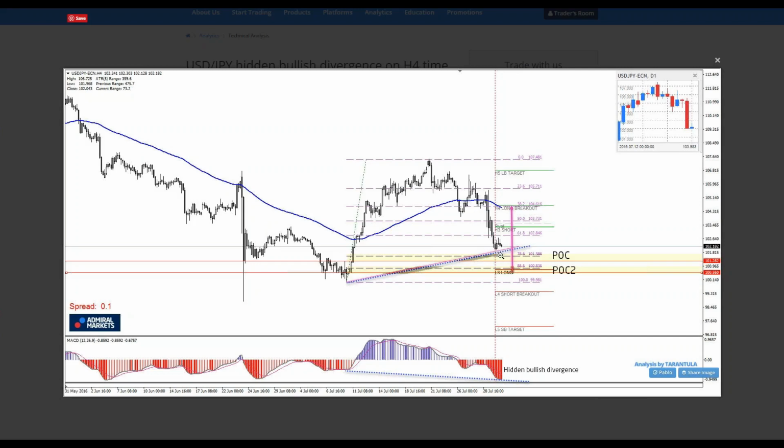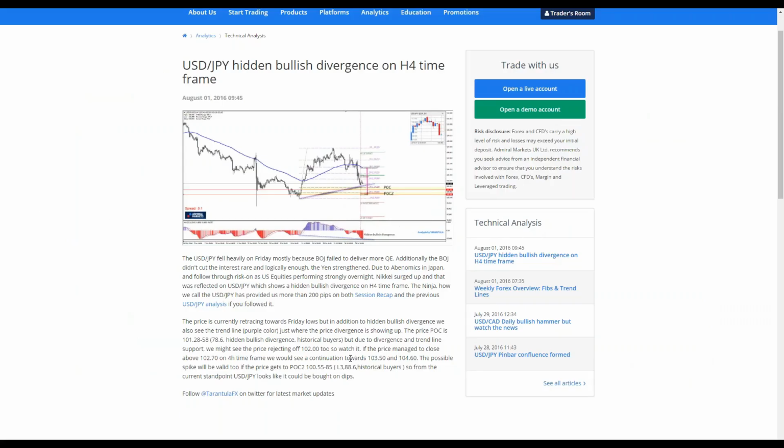So it could start rejecting from here, just in case. 101.58 is the zone to take POC entries, and here, okay, so it could start targeting 104.